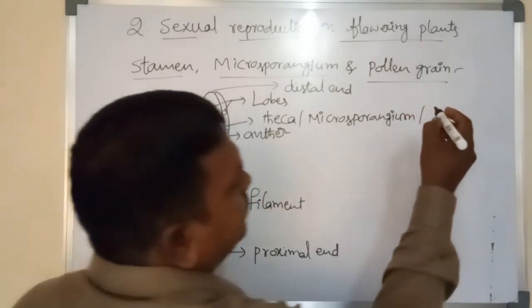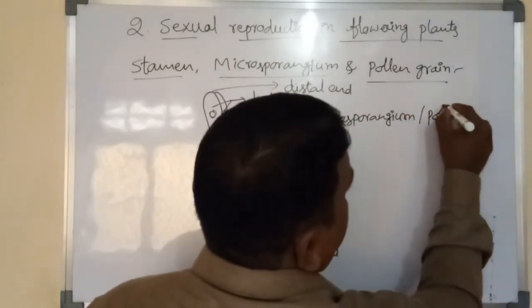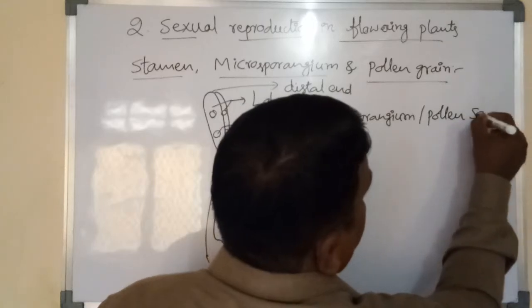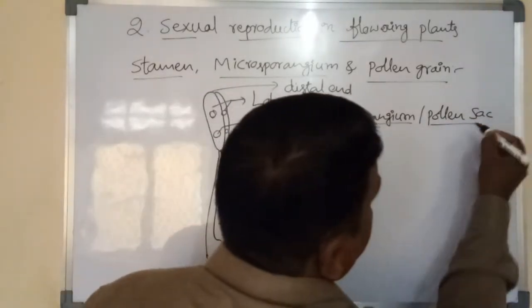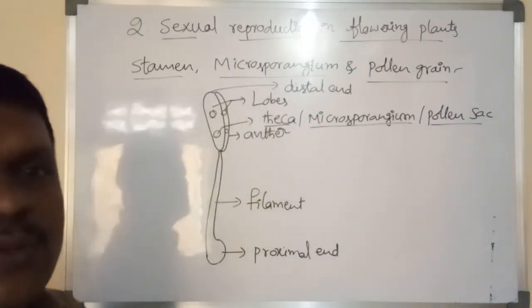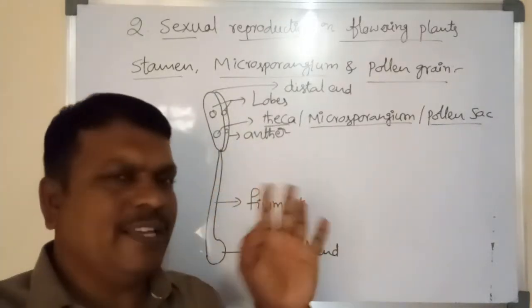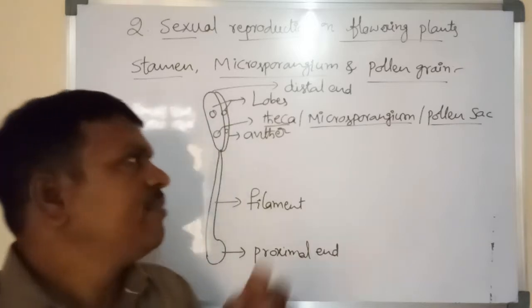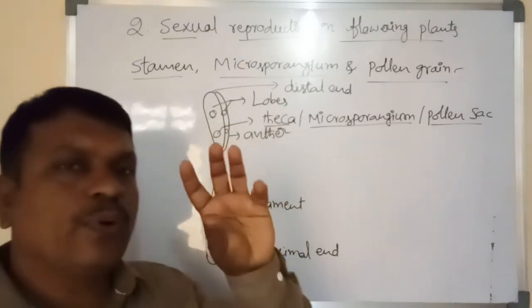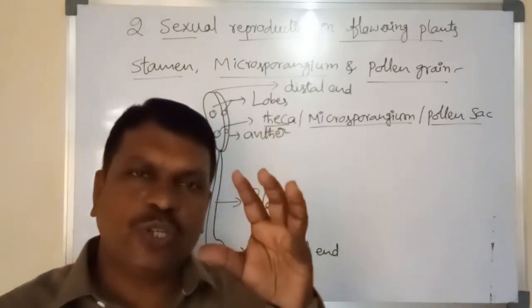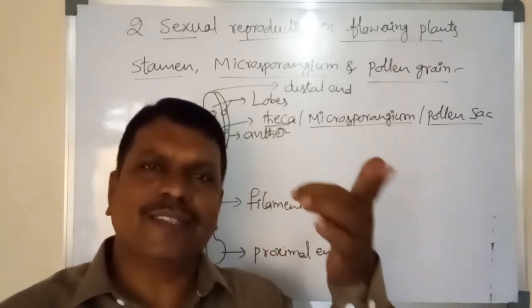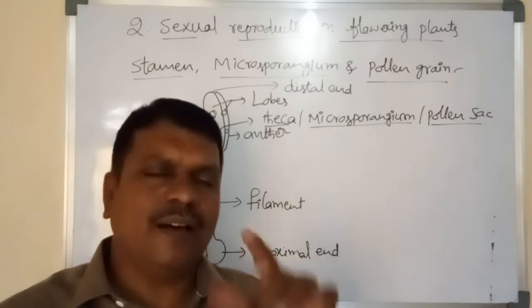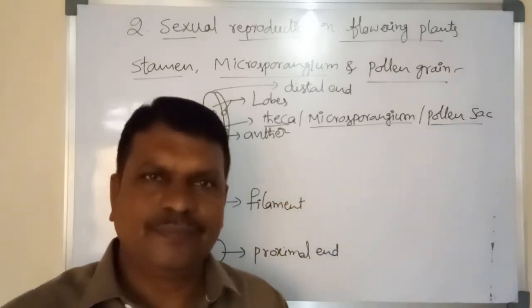Microsporangium is also called pollen sac. Remember, theca, microsporangium and pollen sac, these three terms give the same meaning. Don't confuse here. So, theca is filled with sporogenous tissue. Sporogenous tissue is made up of PMC. PMC stands for pollen mother cells. Pollen mother cells are also called microspore mother cells.